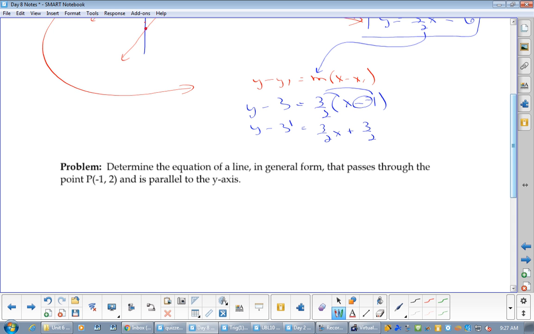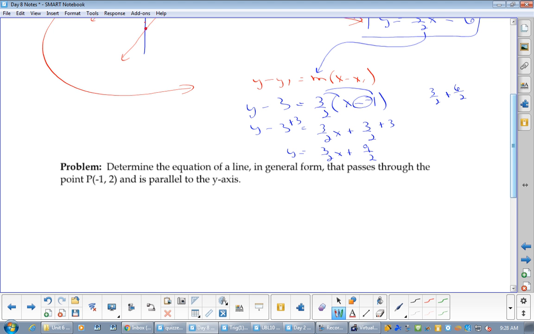We got to add 3 to here and add 3 to here, but can we just go and add 3? We have to find a common denominator. So we got 3 over 2 plus, now 3 is the same thing as 6 over 2. So then that would give us y equals 3 over 2x plus 9 over 2.